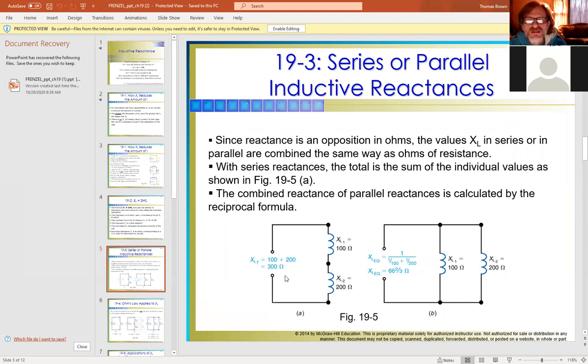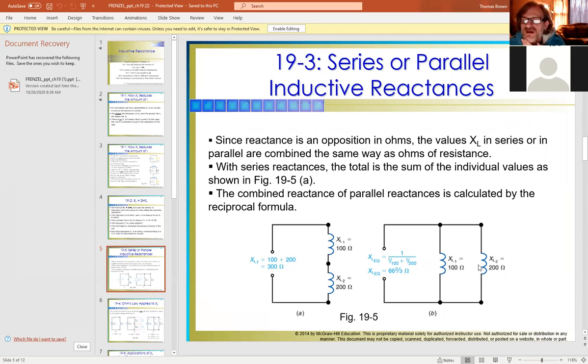If we wanted to find out what's the overall reactance in this case, he states that X of L1 here is 100 ohms, X of L2 is 200 ohms. And it's pretty straightforward, right? Just as in any series environment, we add the 100 plus the 200 and come up with 300 ohms.